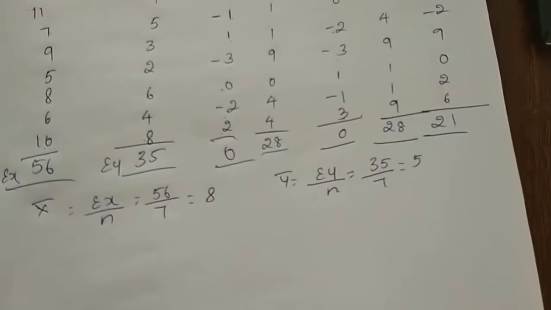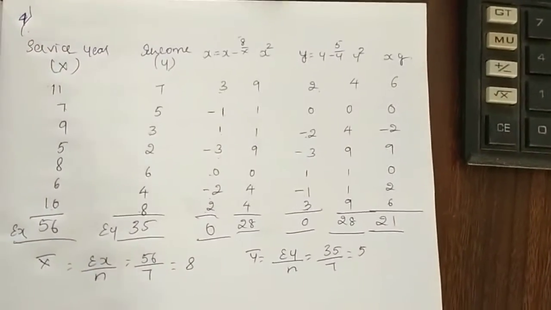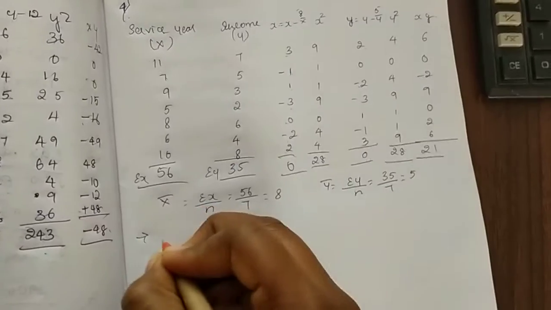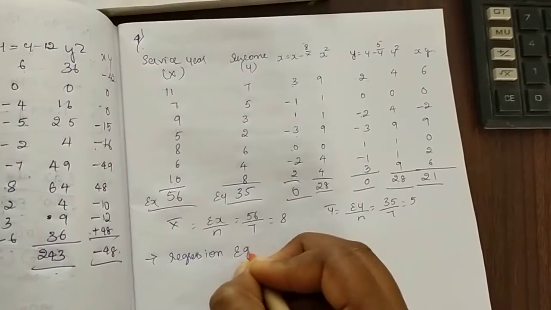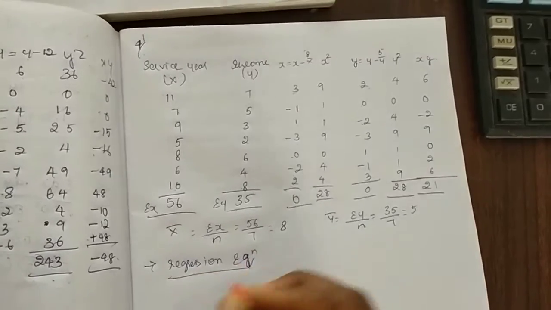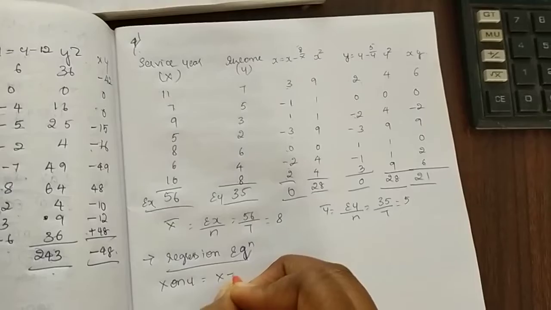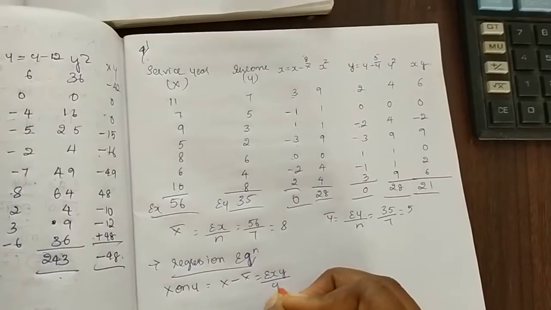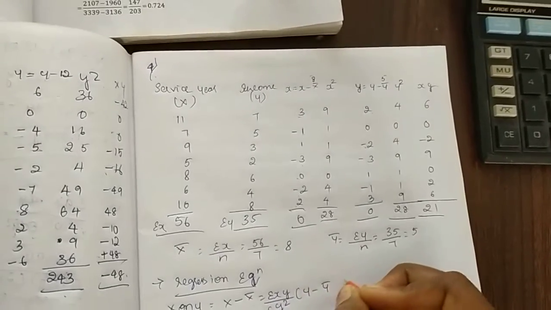So here we have to apply the formula. There are two regression equations and the coefficient of correlation. First we have to write the regression equation. The regression equation of X on Y is X minus X bar is equal to sigma xy divided by sigma y square into Y minus Y bar.